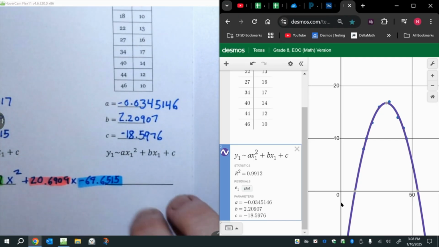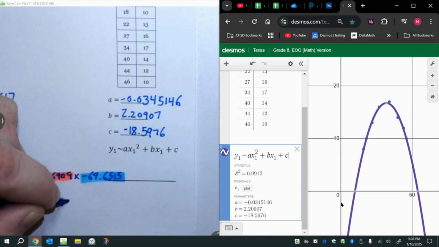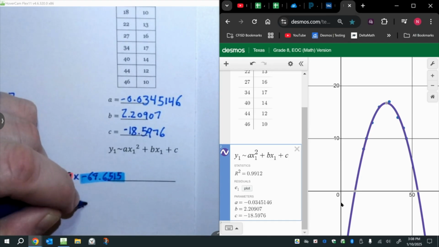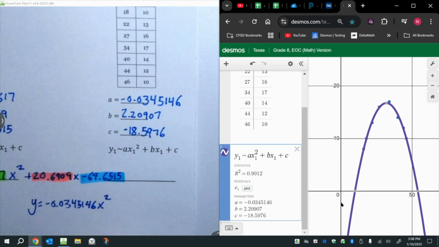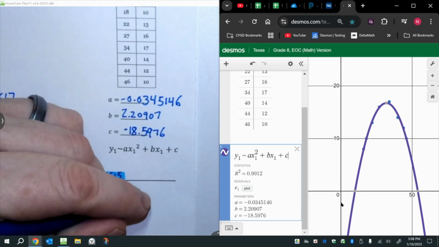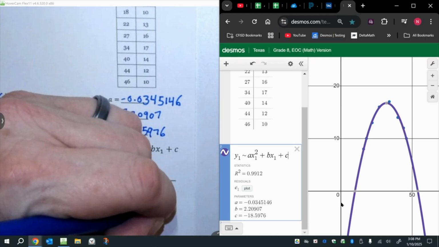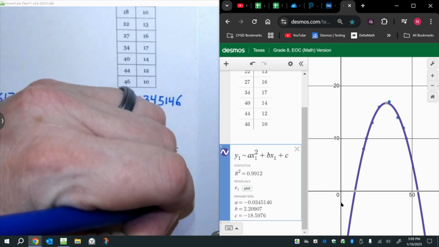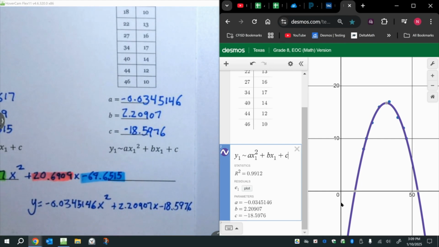So this equation would read, I'm going to write it kind of over here, negative 0.0345146x squared plus 2.20907x minus 18.5976. All right. We got one more.